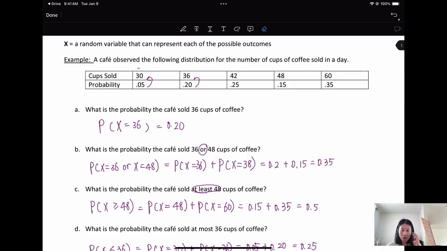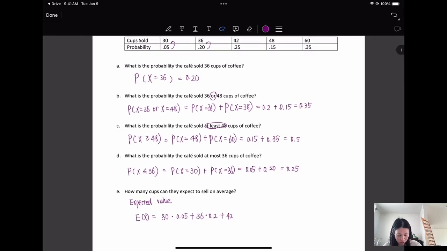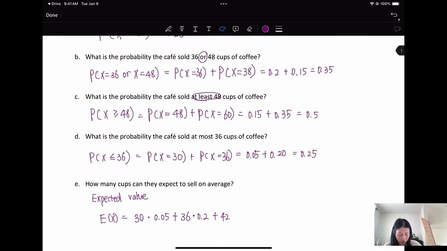You want to add these together, so the expected value equals 13 times 5% plus 36 times 20% plus 14.2 times 25% plus 14.8 times 15% plus 60 times 36%. The sum is going to be 46.4. So that means you expect to sell 47.4 cups.